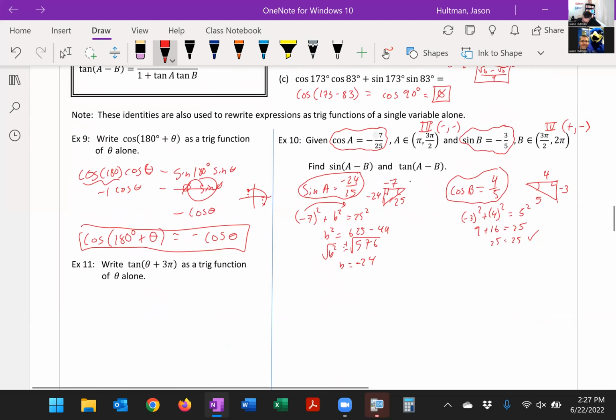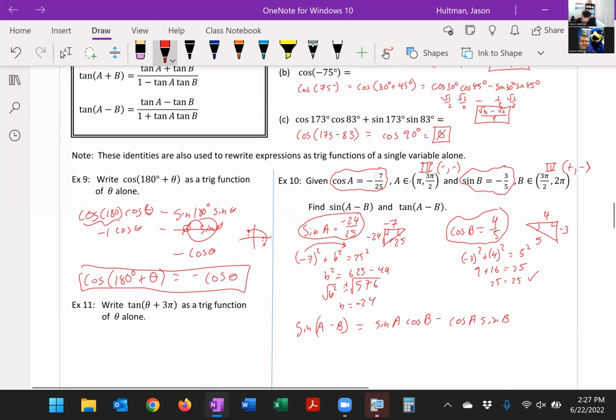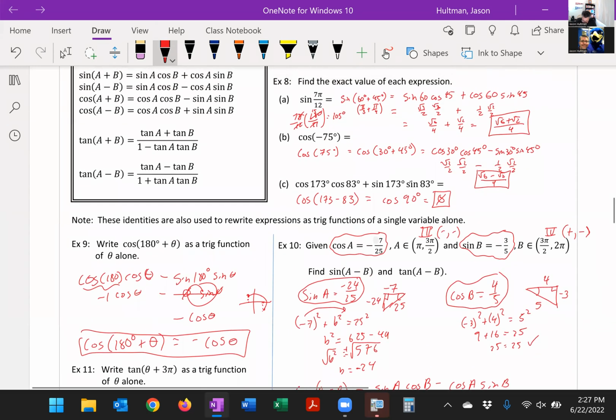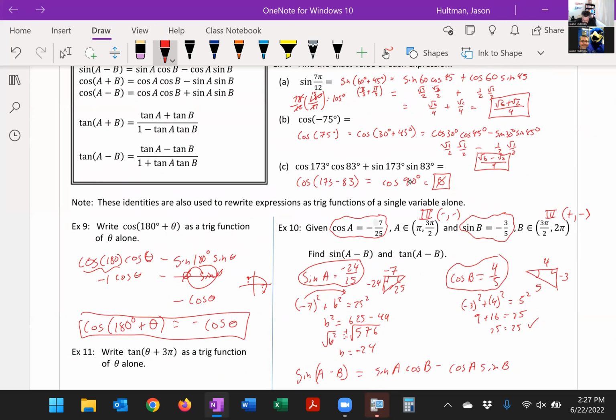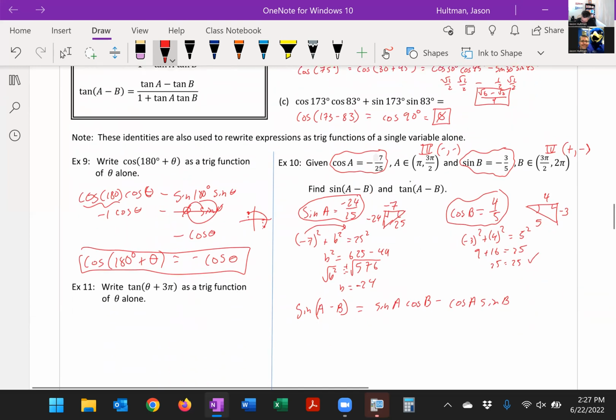Okay, so the first one that we need is the sine of A minus B is equal to, I believe this is sine A cosine B minus cosine A sine B. Is that right? Let's make sure that one is right. Sine A cosine B minus cosine A sine B. Yes, perfect.